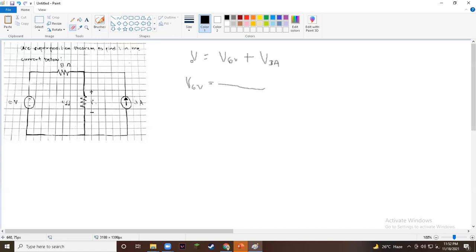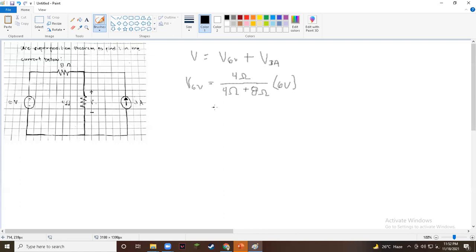4 ohms over 4 ohms plus 8 ohms. Ayan. So, multiply din natin siya sa 6 volts.